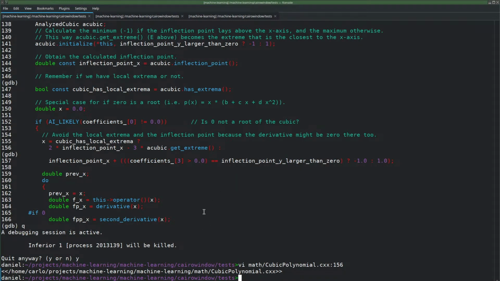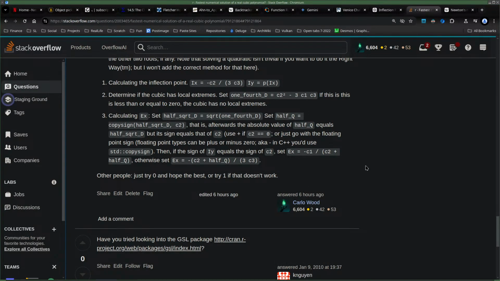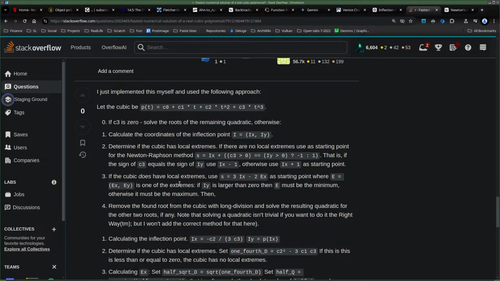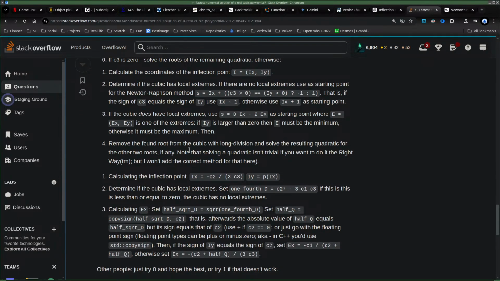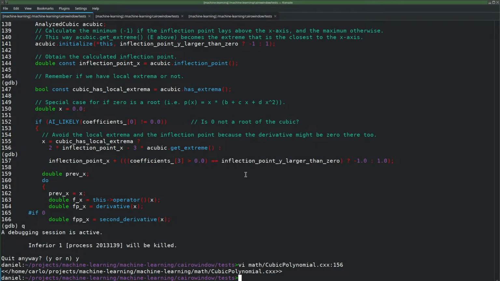Well, I did type in my method on Stack Overflow, so in an attempt not to make a complete fool of myself. Okay, here it says 3i minus 2e, so that is good. Now, let's try this again.